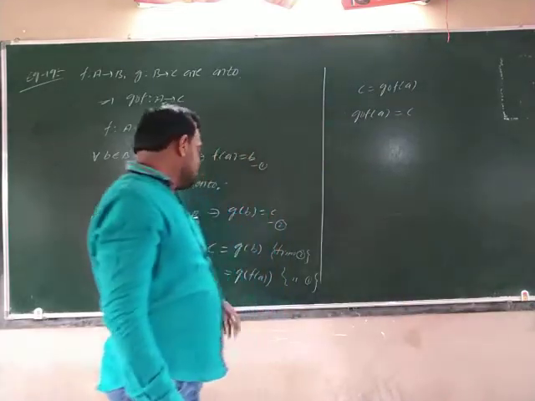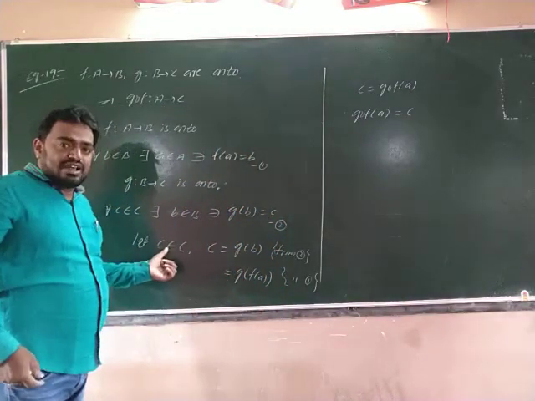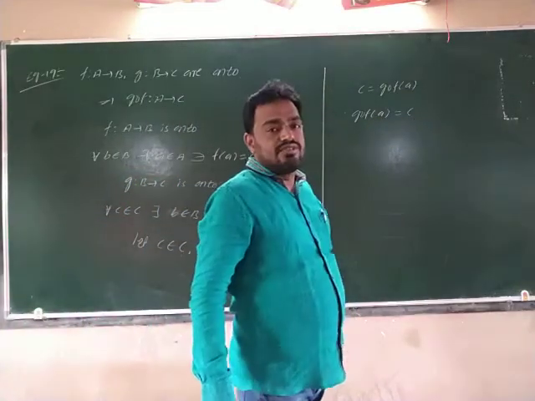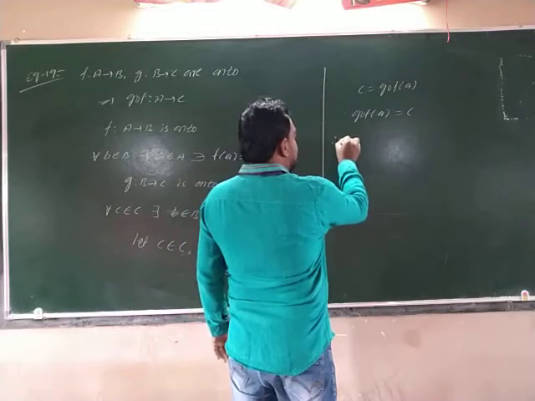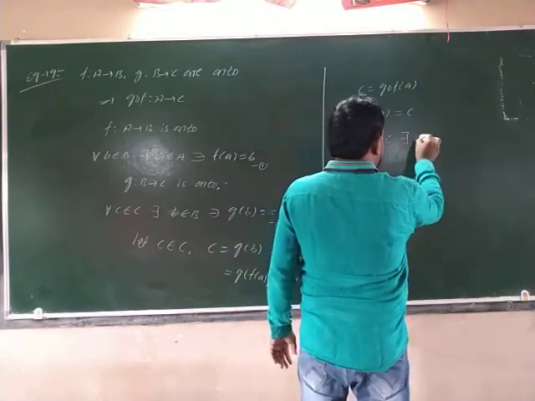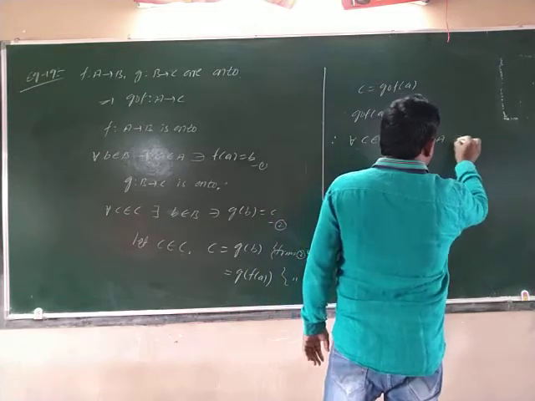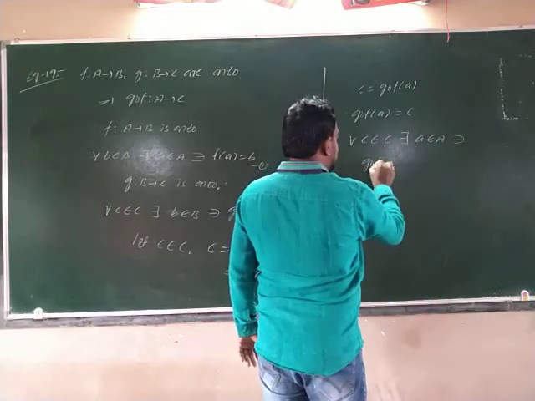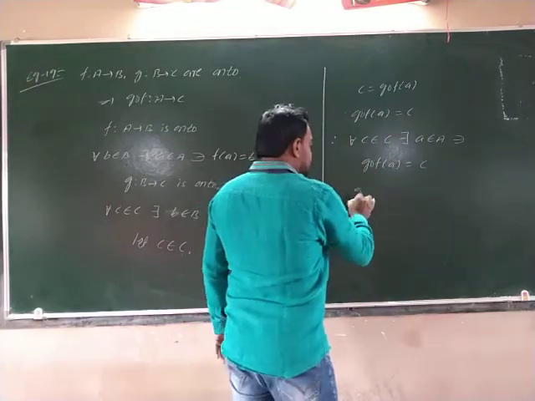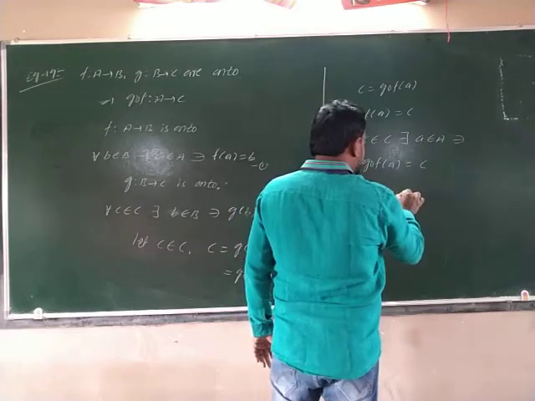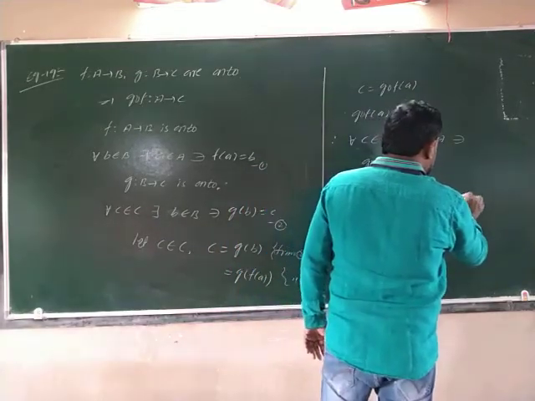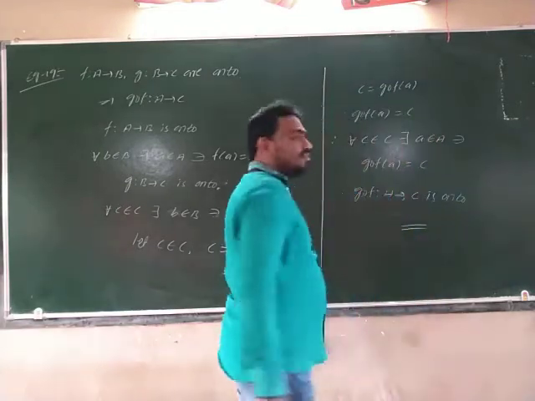That means for all c belongs to C, there exists a belongs to A such that g circle f of a is equal to c. Therefore, g circle f from A to C is an onto function. This is the proof.